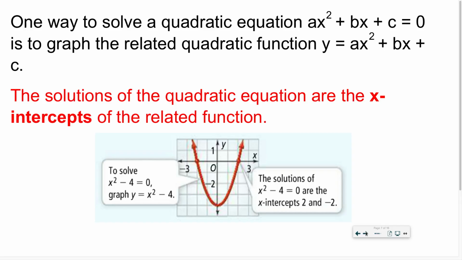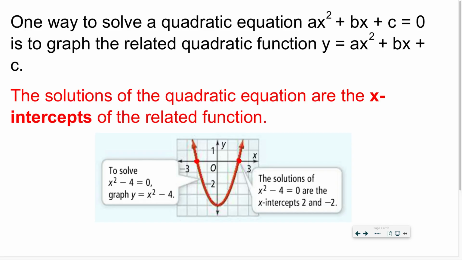So the solutions. Now that we can talk about solving, we can identify what the solutions are. The solution of a quadratic is where it crosses the x-axis. The solutions for the quadratic are the x-intercepts, where this line crosses the x-axis.